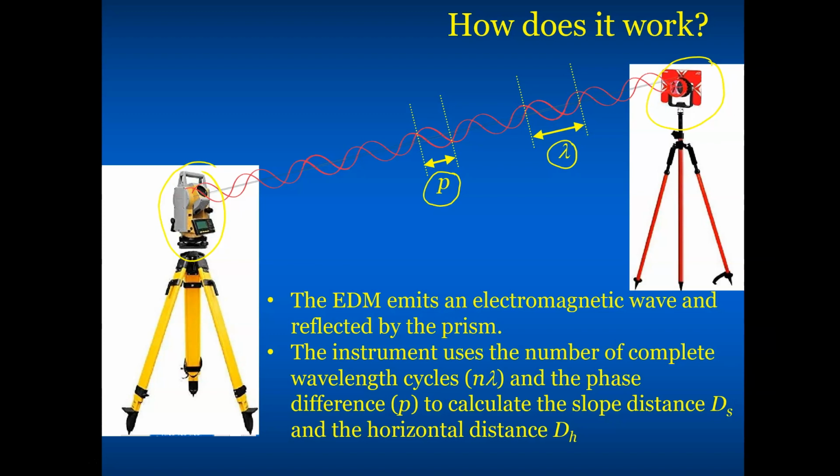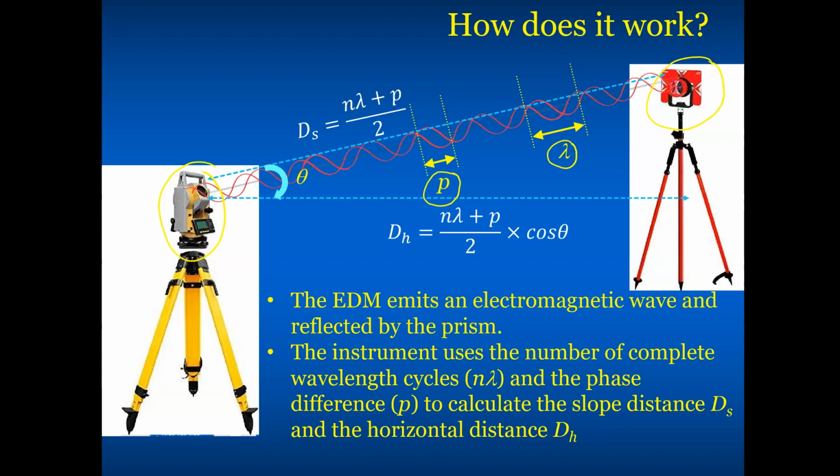I'm not going to go into detail, but that's basically how it works. So based on those numbers, the instrument is able to calculate the horizontal distance based on the vertical angle that is observed, theta in that case. Alright, so it is quite straightforward now.